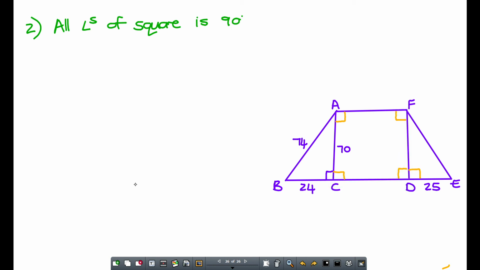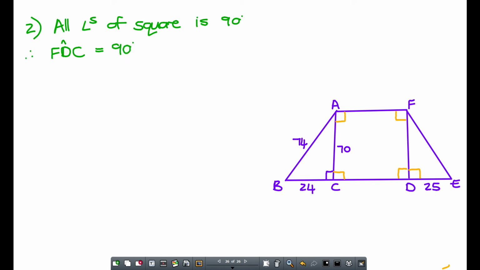Okay, so I'm going to say FDC is equal to 90, but also equal to FDE. Do you guys agree? Okay, so let's start with saying that will be equal to 90 degrees.